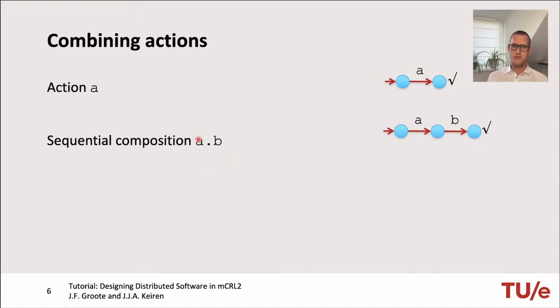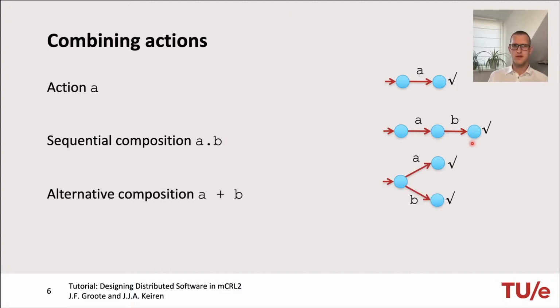The sequential composition of two processes means that we first execute the first process, and then upon successful termination, we continue with the behavior of the second process. For instance, if we have the process a followed by b, we first execute a, and then we execute b. Then we can have a choice between two processes, which we encode using the alternative composition.